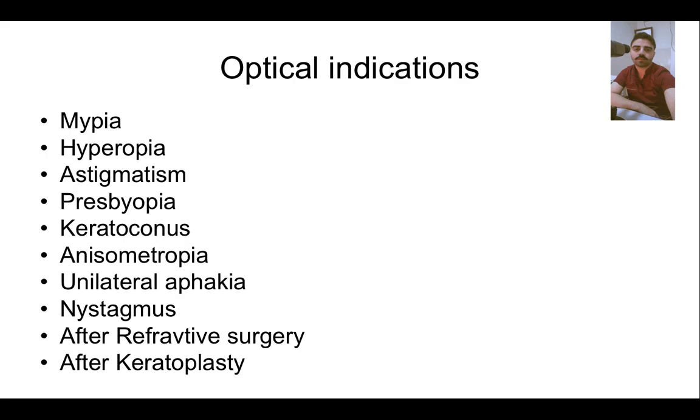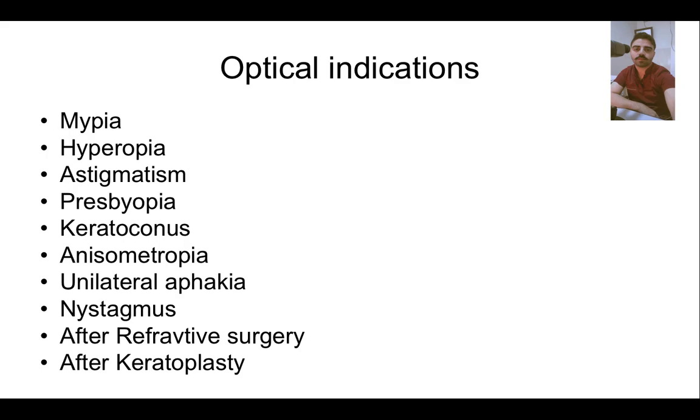In this condition, simple glasses or a soft contact lens cannot correct the refractive status of the patient's cornea. So if you want to improve the vision of the patient, we need a specialized kind of contact lens, that could be in the form of a corneal GP lens, a hybrid contact lens, or scleral contact lenses.